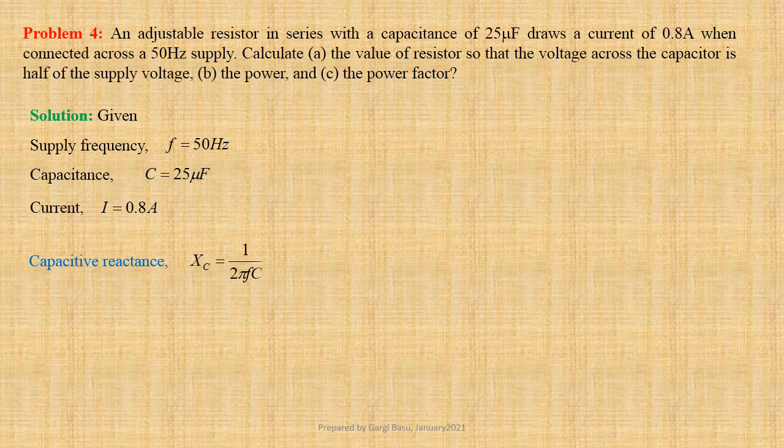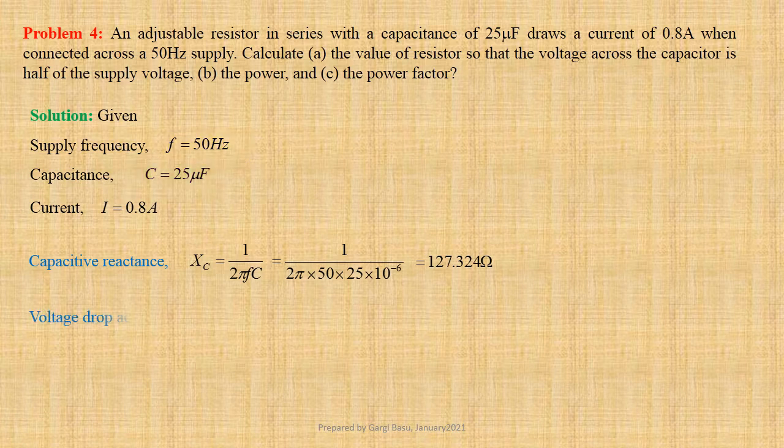Xc equals 1 upon 2 pi Fc. Putting values we get 1 upon 2 pi into 50 into 25 into 10 to the power minus 6, that is equal to 127.324 ohm.